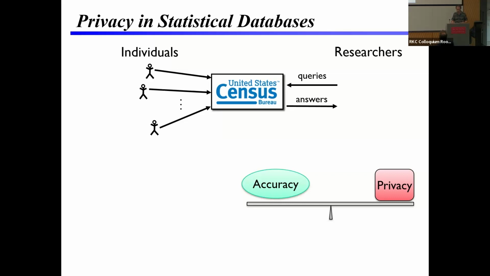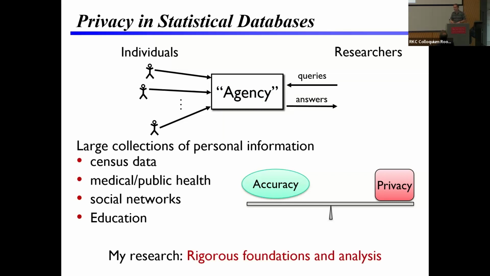Okay, so there's this basic tension between trying to share as much as possible, but also provide some notion of privacy. And this problem is not really unique to the census. It's shared by many different kinds of organizations that manage sensitive information on behalf of people.